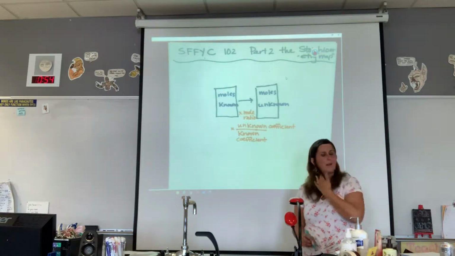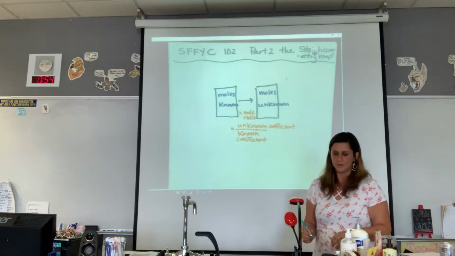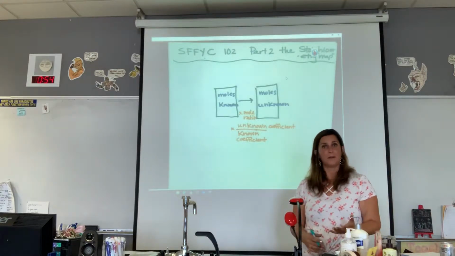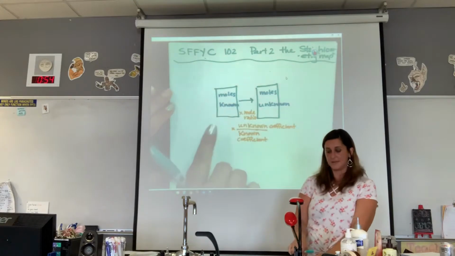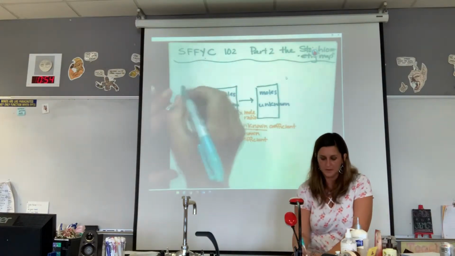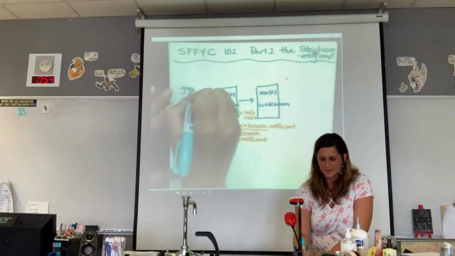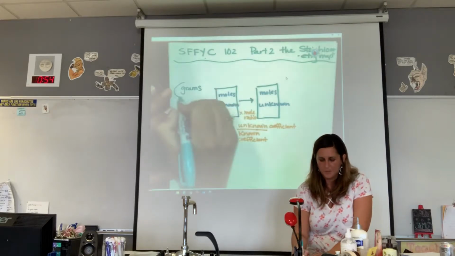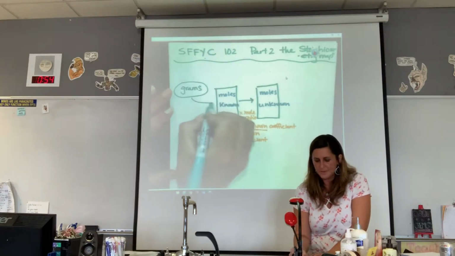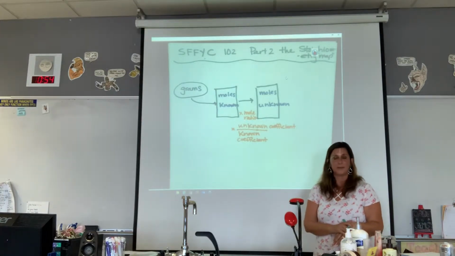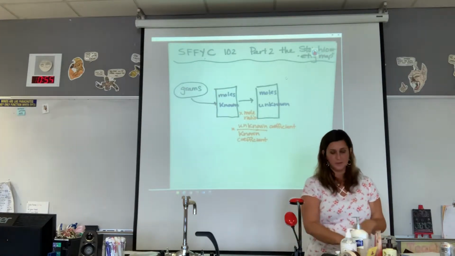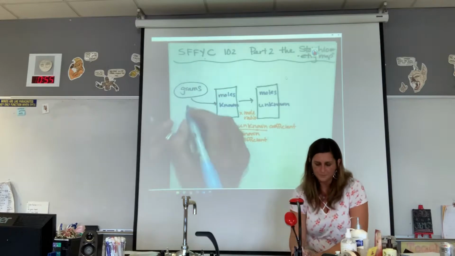We are not always given moles, so we have to be prepared to deal with being given grams of a substance instead. If we're given grams, then we do a step before the mole ratio, and that is to convert from grams to moles.